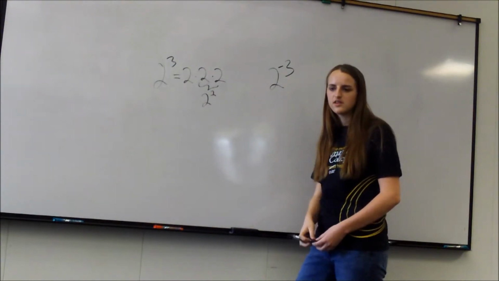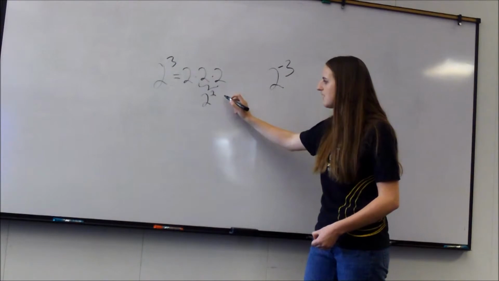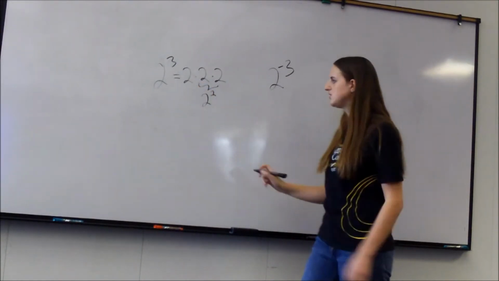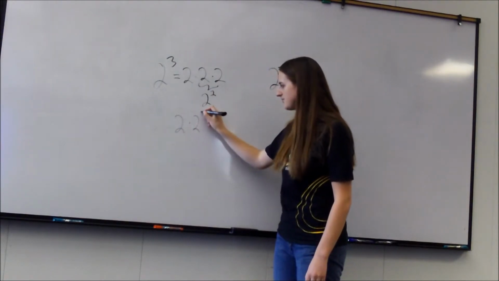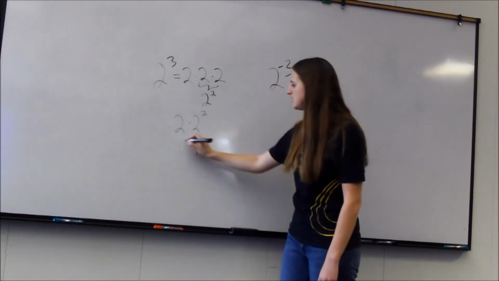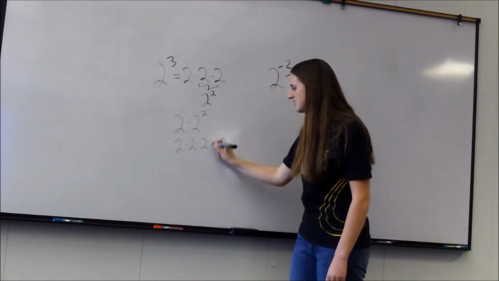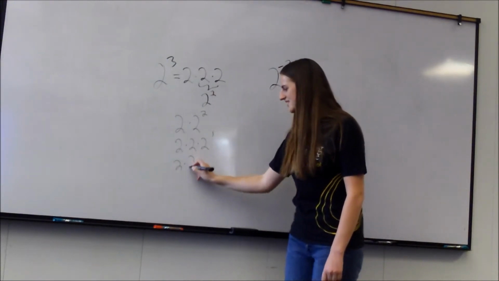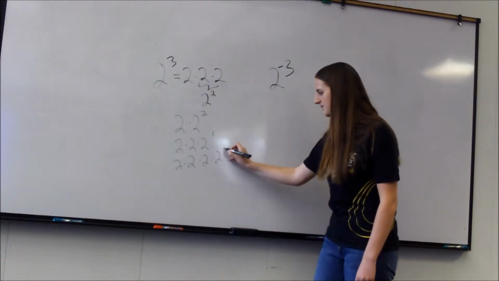This is how we will recurse on our power, by decreasing the exponent by 1 and factoring out one of our base. So 2 to the third is equal to 2 times 2 to the second, is equal to 2 times 2 times 2 to the first, is equal to 2 times 2 times 2 times 2 to the 0.